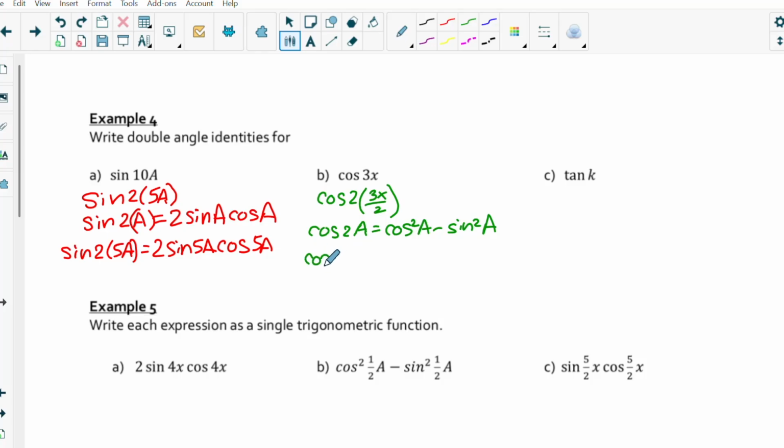So I have cosine of 2 times 3/2 x equals cosine squared of 3/2 x minus sine squared of 3/2 x.